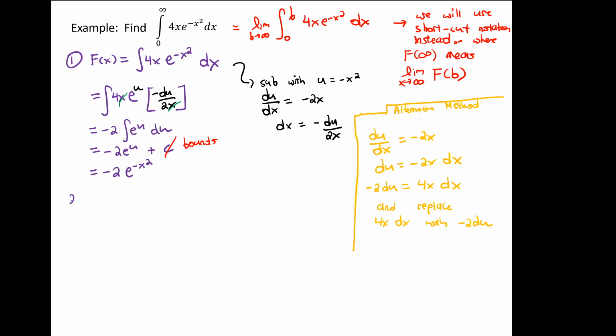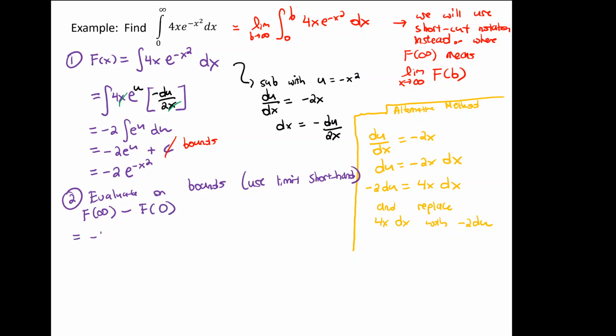Now step 2, evaluate on bounds. Use limit shorthand. So that's going to be capital F at infinity minus capital F at 0.